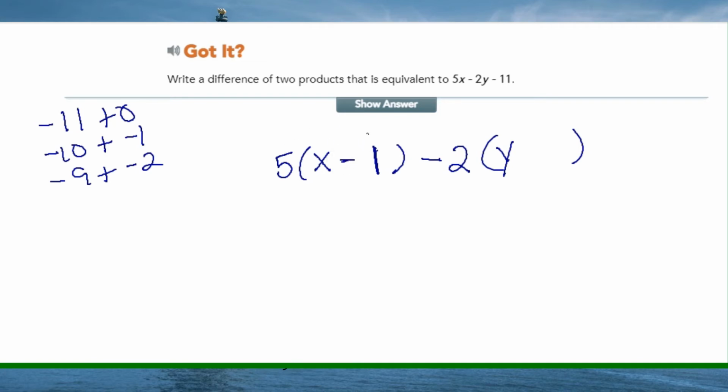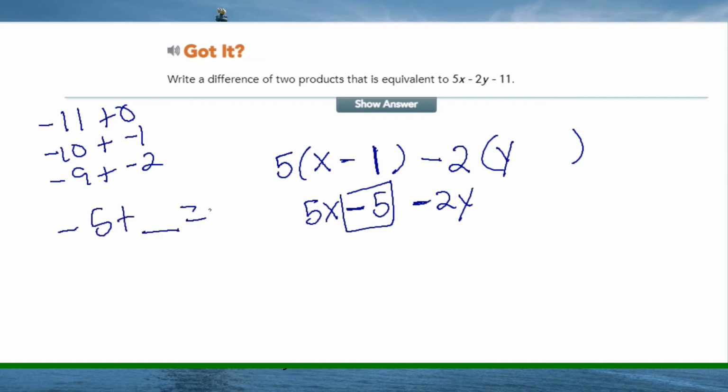Once I distribute on this side, I'll end up with 5x minus 5. And then on this side, I'll distribute that negative 2y. Then I'm going to have to figure out a number. Here I already have negative 5, so I can do negative 5 plus something to give me negative 11. Well, if I add negative 6, it will give me negative 11. So what do I need to do to negative 2 to get to negative 6?